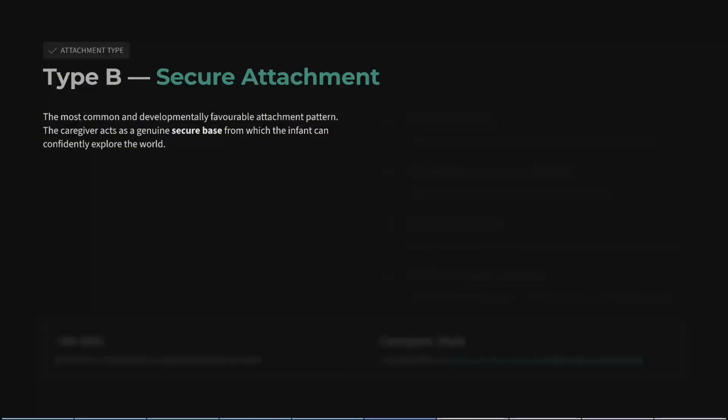Approximately 60 to 65% of infants in Ainsworth's original Baltimore sample showed what she classified as type B, secure attachment. This is the most common and developmentally favourable attachment pattern. Let me describe the behaviour pattern across the strange situation episodes.